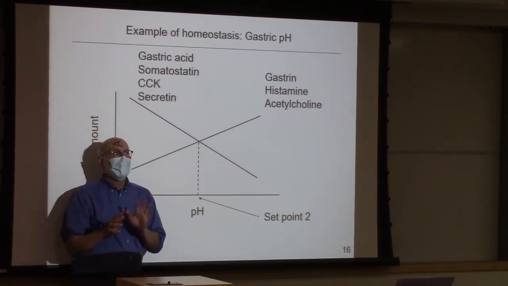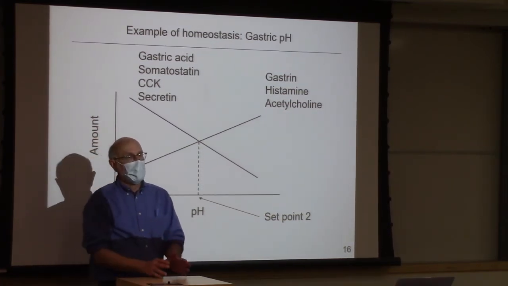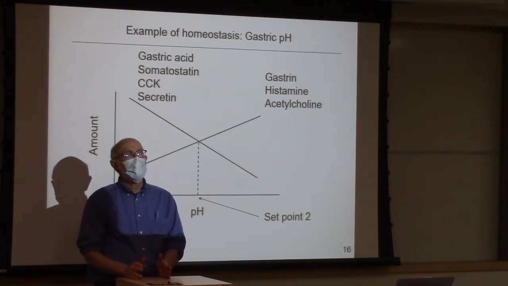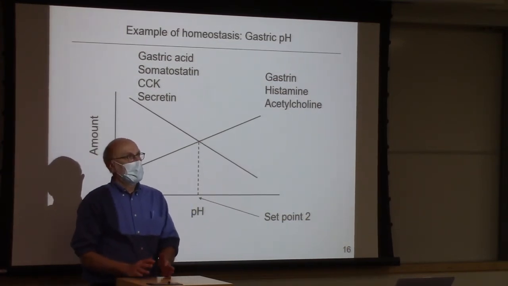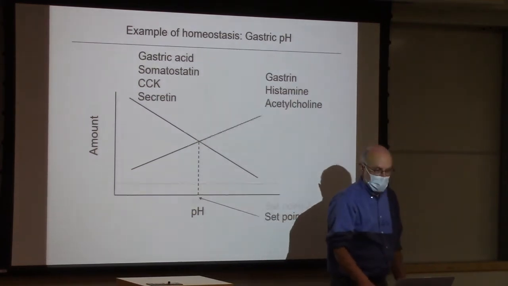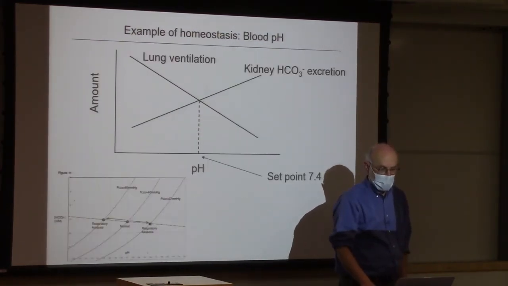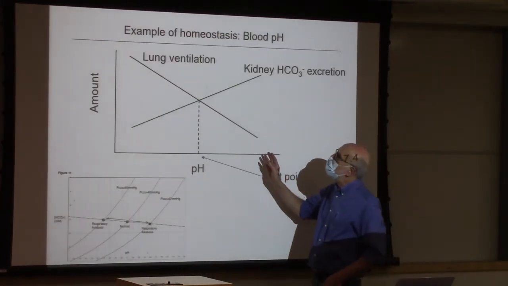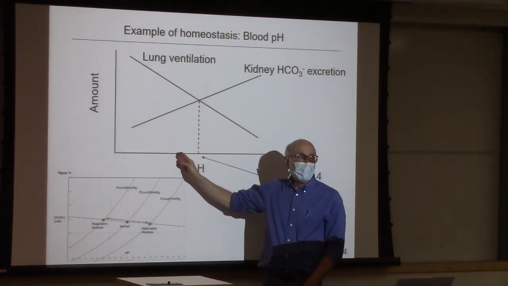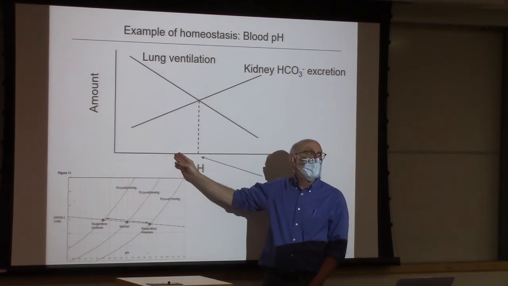So you want to be able to tell these stories from what cells detect it and what cells respond to it in each of these cases. We could do that in part for a lot of these. What cells detect a low pH? Chemoreceptors.